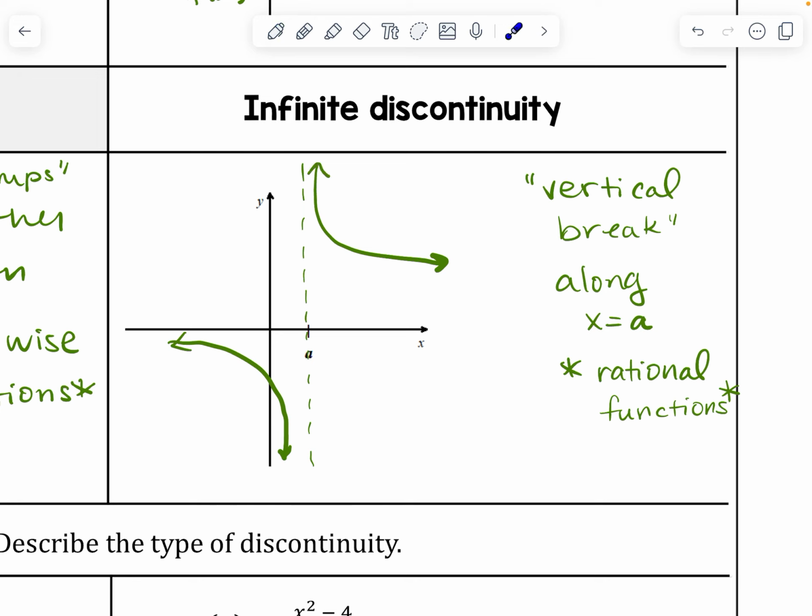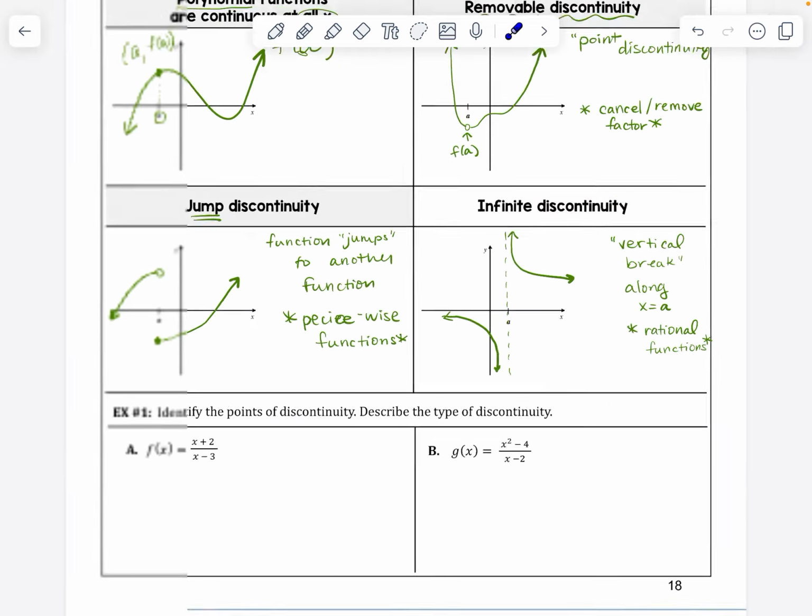This right here tells me this is a vertical break along it, and then we see at the ending, as x is getting closer and closer to a, the function is getting closer and closer to that vertical boundary. But on the right side, as we get closer and closer to a like this, there's a big infinite discontinuity where it's not a small gap, there's an infinite gap in between them.